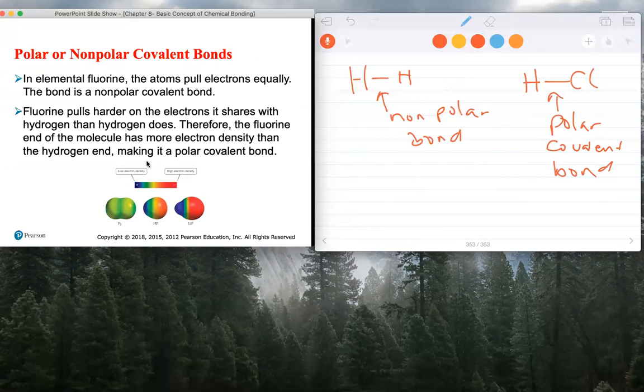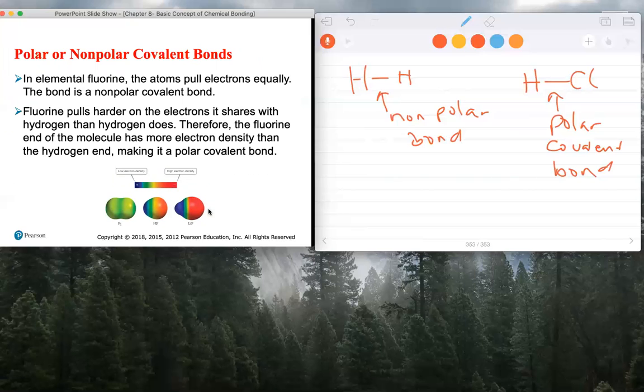Sometimes chemists use an electrostatic potential map to show portions of the molecule with high electron density and regions with low electron density. If you look at this diagram here, fluorine is more electronegative and tends to pull electrons toward itself.